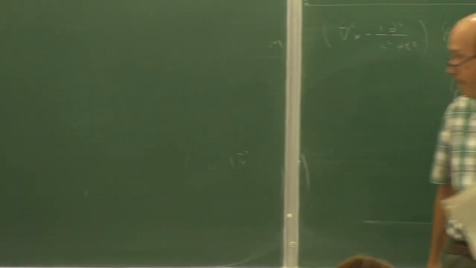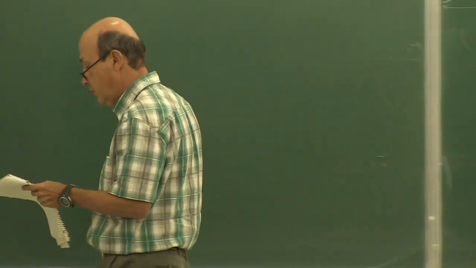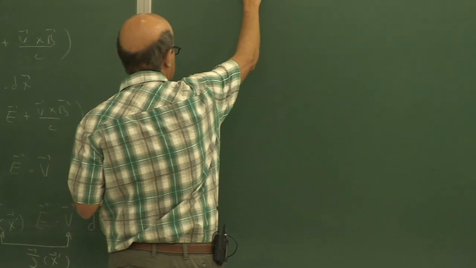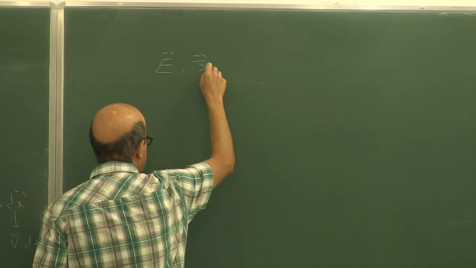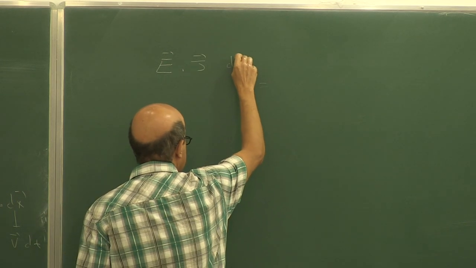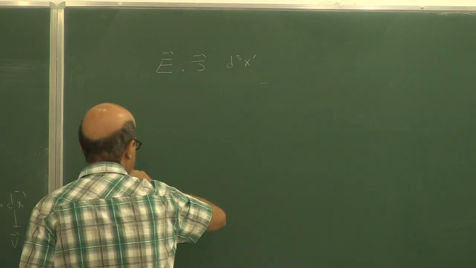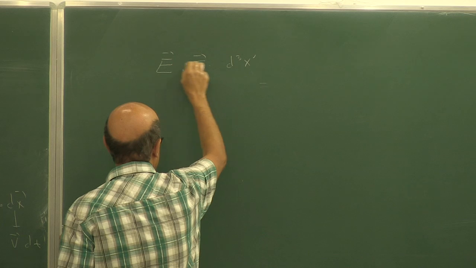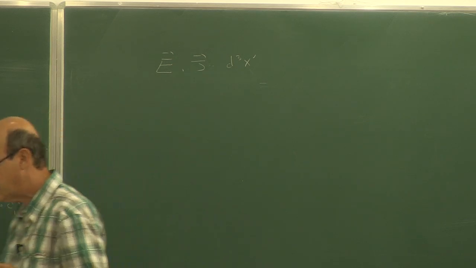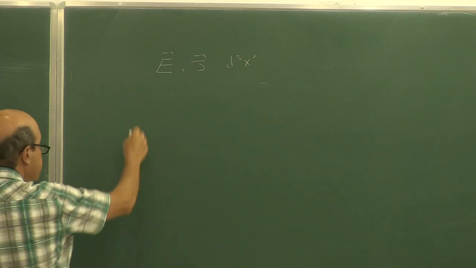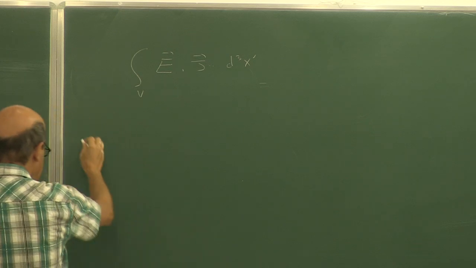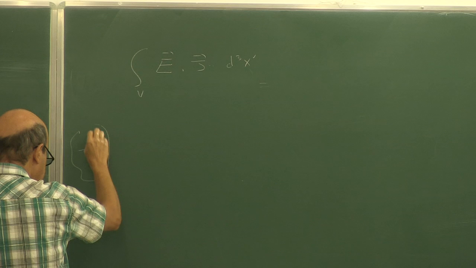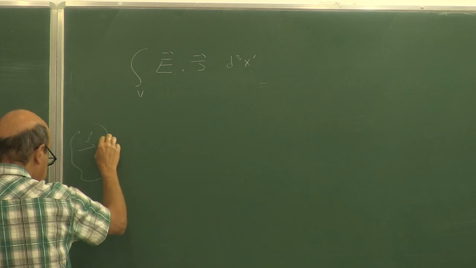Now, the bottom line is the following: the electric field dot the current density, integrated through the volume. These depend on x prime in the medium. If you integrate over some volume, inside the volume there is the electric field and the magnetic field.